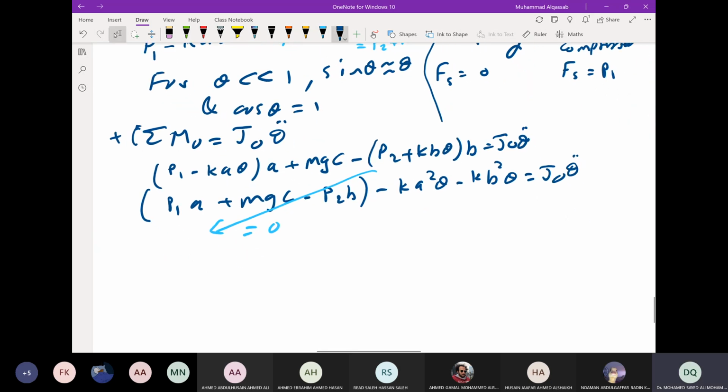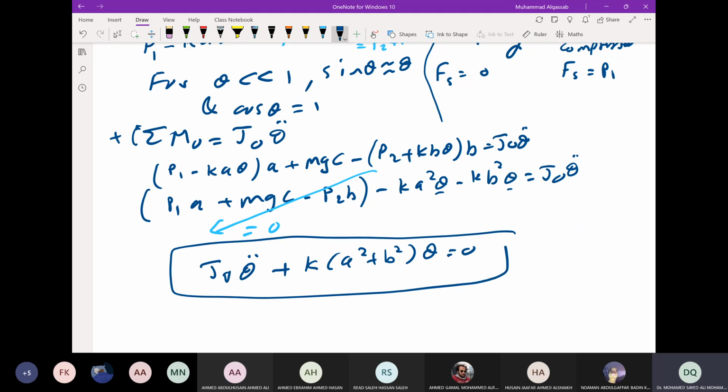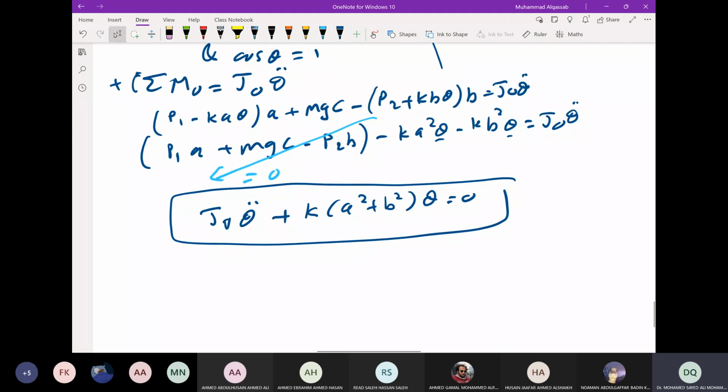Then the final equation will be JO theta double dot plus, taking theta and K common, K times (A squared plus B squared) times theta equal to 0. This is the differential equation. You can divide by JO, and you get theta double dot plus K(A squared plus B squared) divided by JO times theta equal to 0.